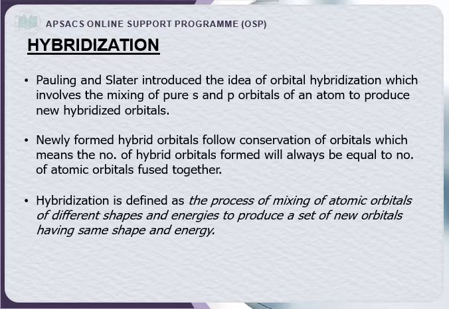Now for this purpose you should know what the shapes of the orbitals are originally, and this is done only with that of the central atom. The bonded atoms around the central atom are not involved in the hybridization, but only the central atom undergoes hybridization before it goes for bonding, right?